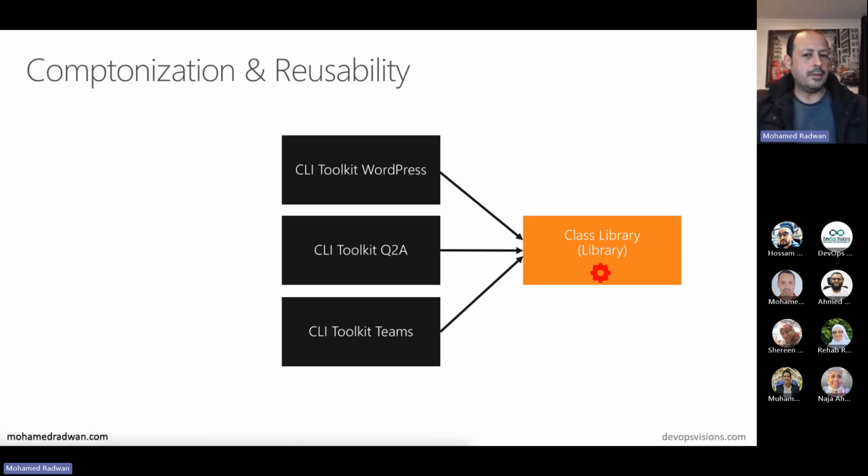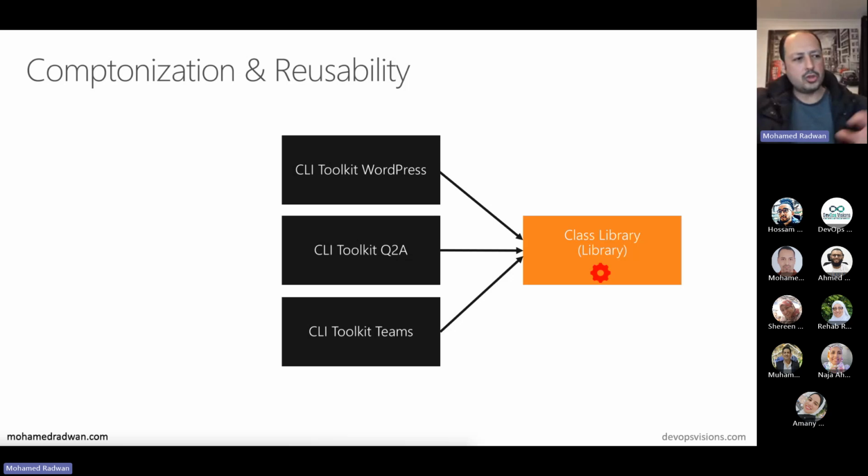And this is the main idea. So as you can see, this is the way you start getting all the shared code, any shared part of the code, and you put it in one library to be reusable by other tools, toolkits, frameworks, and so on.